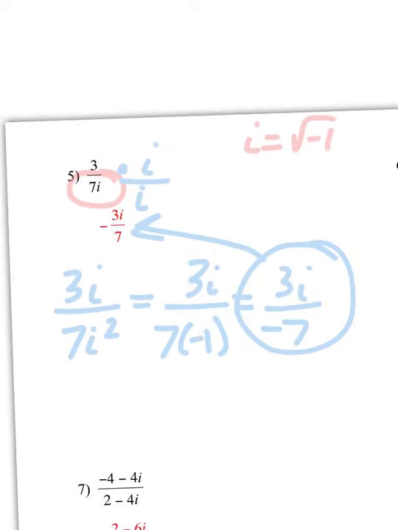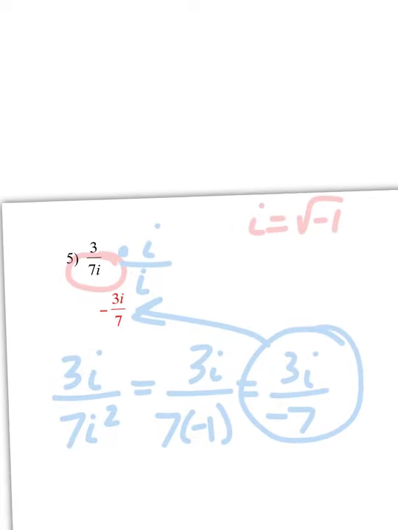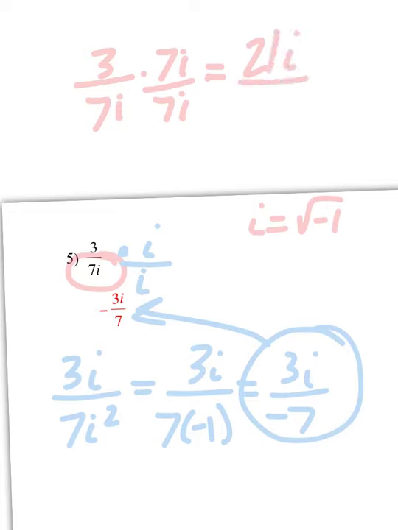Okay? One quick thing I can show you on this problem is some students will opt to multiply by 7i instead of just i, which is fine. You're just going to have to divide. 3 times 7i would be 21i, and then 7i times 7i would be 49i squared.